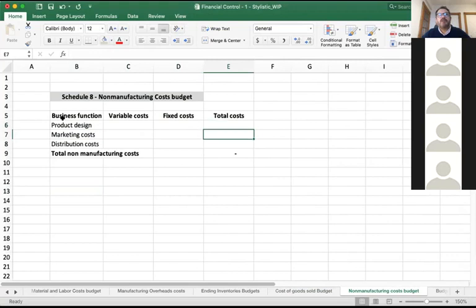For these ones, we need to know the total amount. We can see that there is a variable and fixed part for each of them, and we're going to calculate the total for the non-manufacturing. To do so, we just need to go to the case and read together.